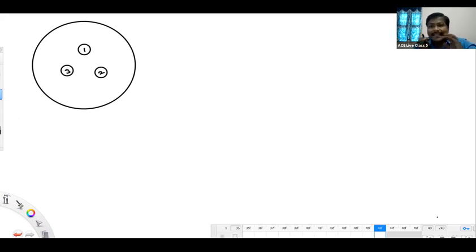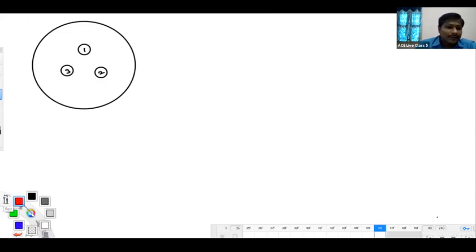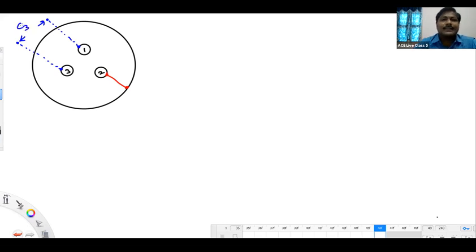See, without giving any connection according to the experiment you are doing, don't keep the values of CS and CC in the model. First you give the connection. Then you think about the values of CS and CC in the model. Look here: connect core number 2 to sheath first. This is the connection. We have to measure capacitance between 1 and 3, and that is C3.